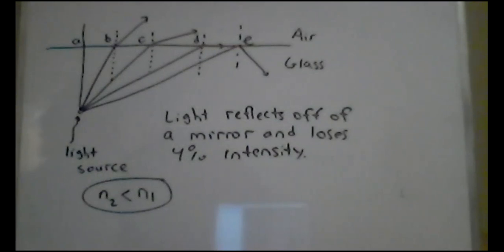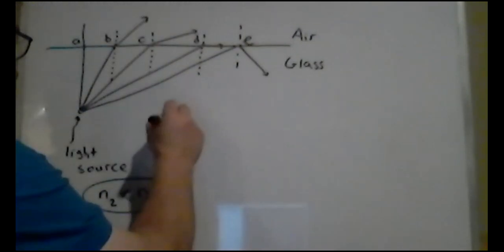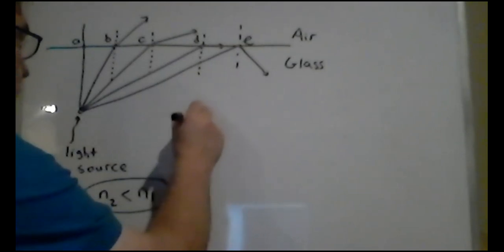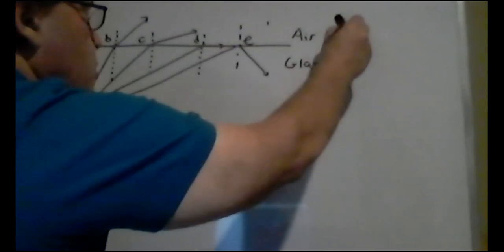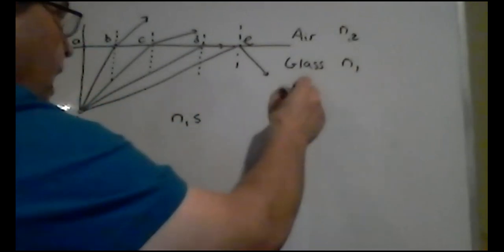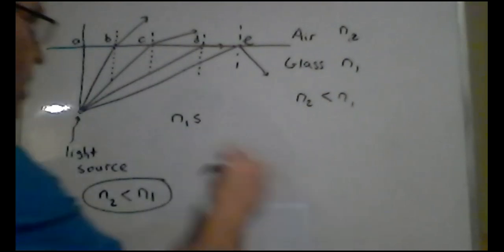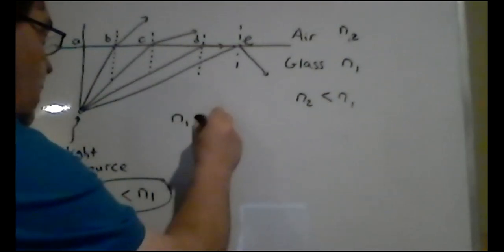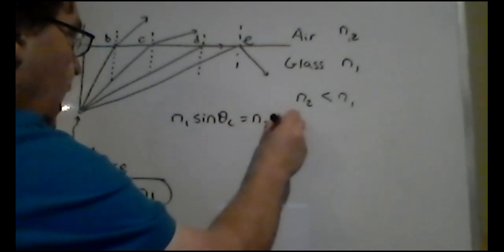All right, if you're going to try to figure out what the critical angle was, that's quite easy to do. You use Snell's law. We're saying this is N1 and N2, and of course, N2 must be less than N1 for this to work. This does not work the other way around. So N1 sine theta critical is going to be N2 sine of 90 degrees.